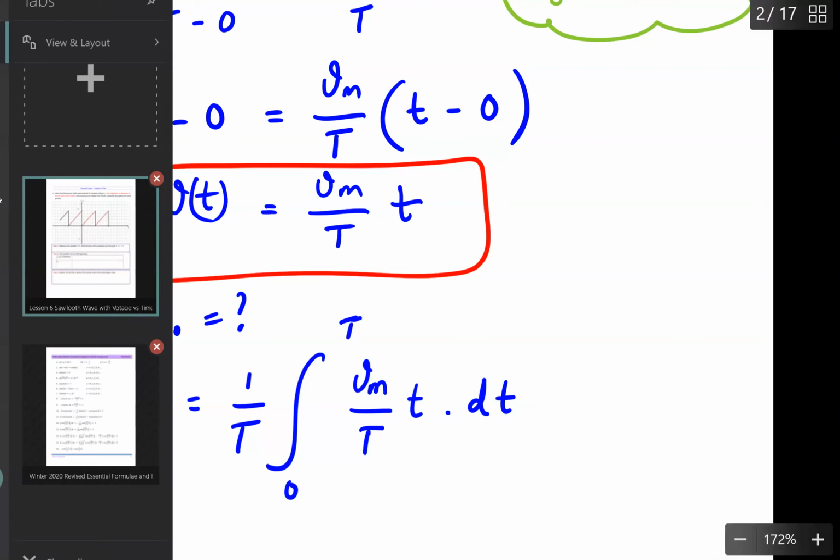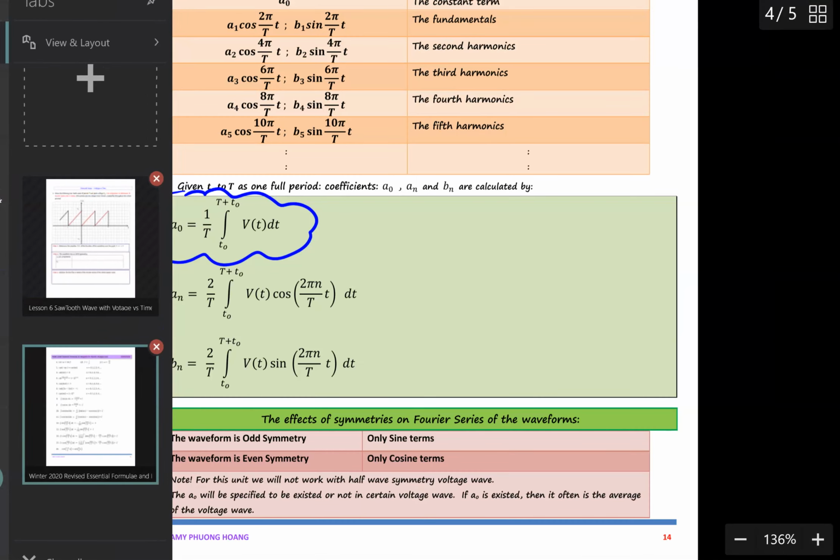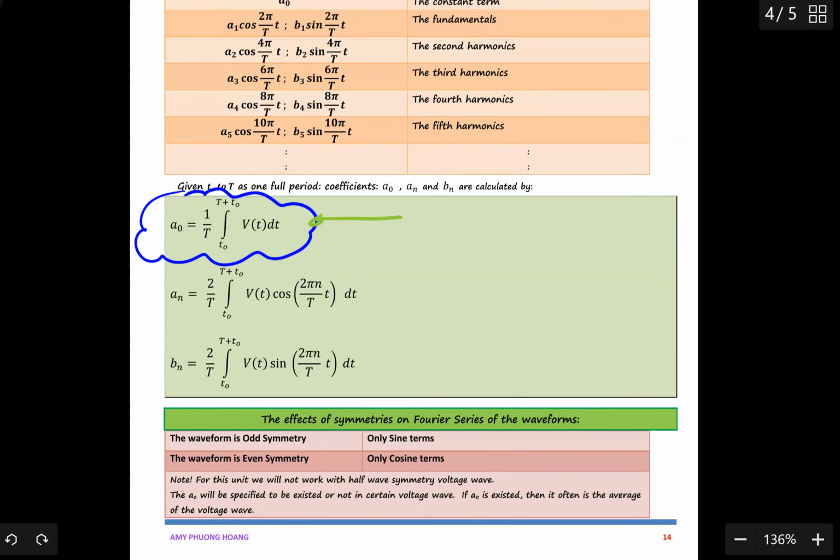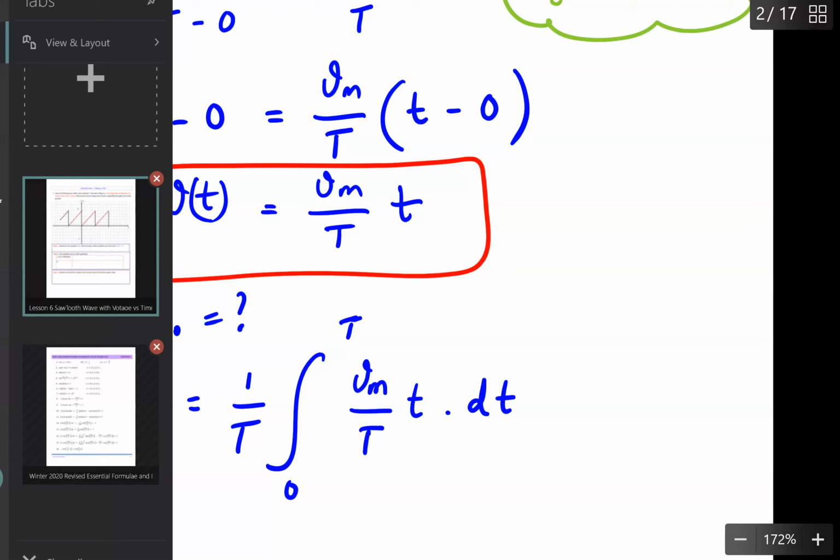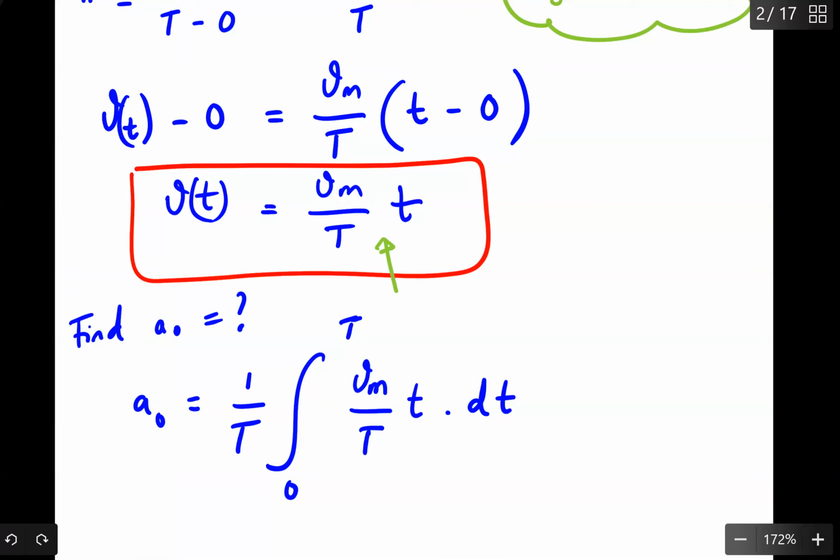You see right here, it's just V(t) dt. I already found V(t) as this, so I substituted it exactly into this equation.